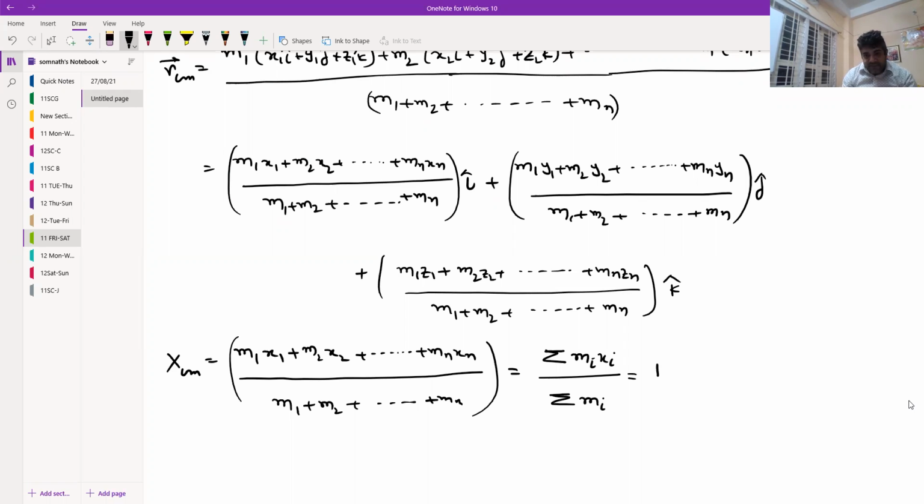The total mass is M. And what do you mean by the sum? The sum is for a discontinuous object. That is, if you have, suppose, 5 point particles placed at different points, then you use this summation symbol. But if they are continuous objects like a rod, ring or disc, then as it is a continuous object, you use the integration symbol, and then 1 by M, where M is the total mass, integral of x dm. Here dm is a very small mass, and x is the position.